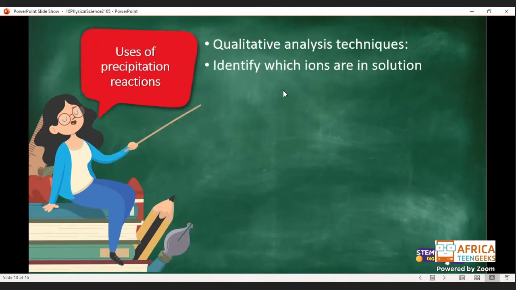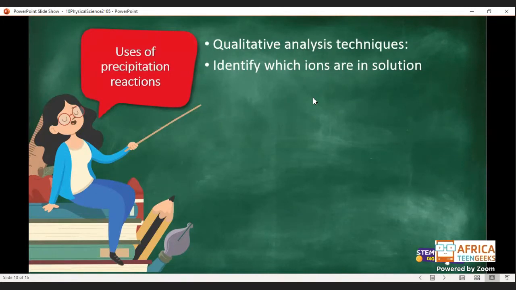So using precipitation reactions, if I have two solutions and I go, hey, has this got potassium in it? Has it got sodium in it? Has it got iodine in it? Has it got chlorine in it? We don't know. I can use precipitations, and by judging the reaction, what color forms, if I add an acid, does it stay a precipitate or does it dissolve? I can identify which ions I have in solution.